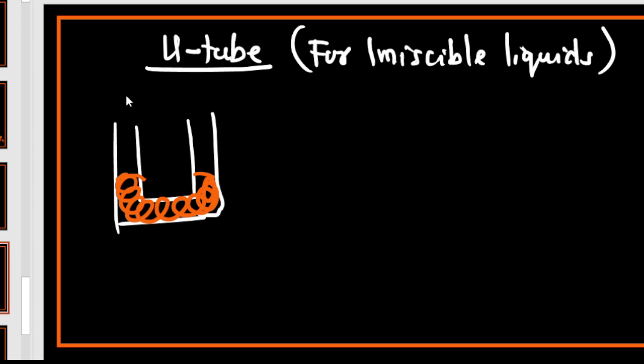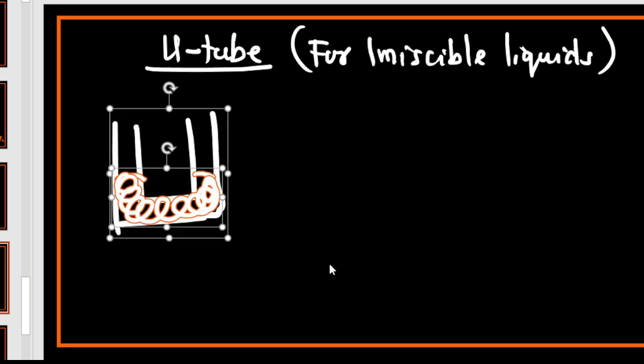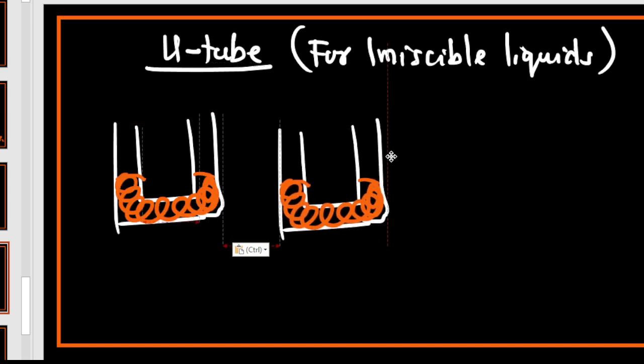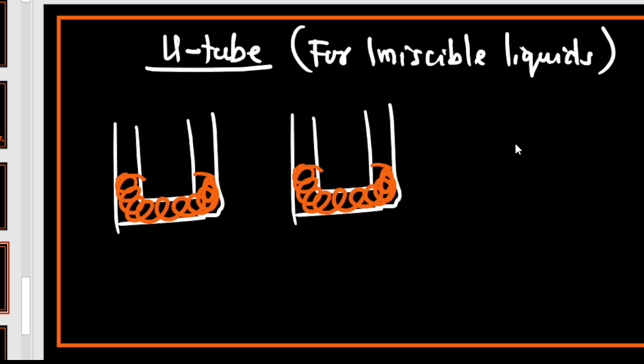Let me create room for that. Okay, so you end up having something like this. Let me take this off. So what I was saying is, by the time you pour a second liquid, let's say you are pouring from the left, the left arm goes down, the right arm goes up.